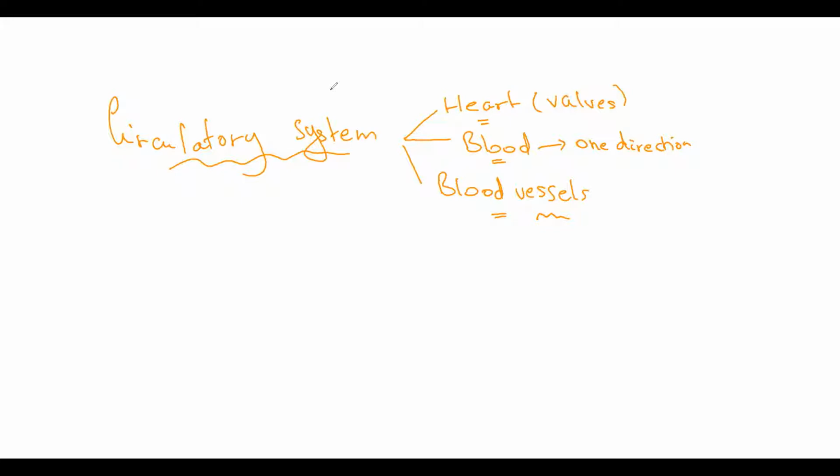This means that this circulatory system is involved with the functions to transport nutrients and oxygen. Of course, these are useful materials. Where? To the cells.